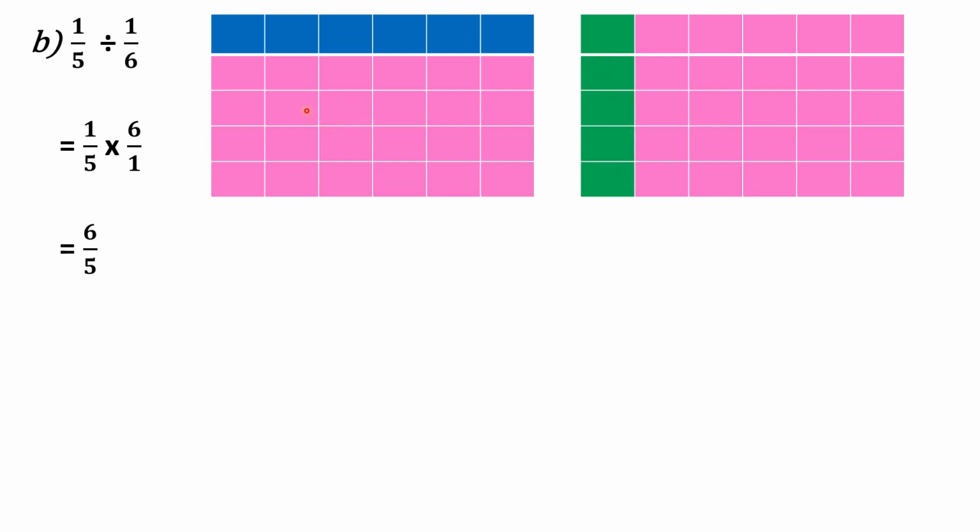Okay, so you can see here, children, what will come now. 1 2 3 4 5 boxes will come here and 1 is left. Okay, so that means again our answer will be equal to 1 by 5. Okay, so this is our solution.